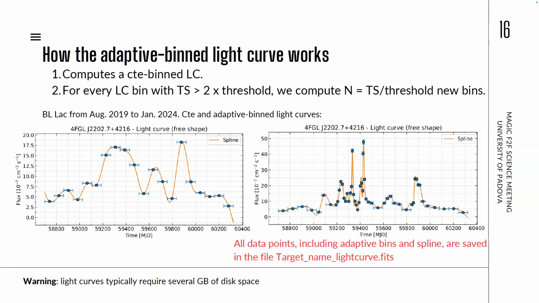So let's say that the threshold value you put in the graphical interface is 50. If the TS of this point here is 100, it will be split in 2. If it's 150, it will be split in 3.